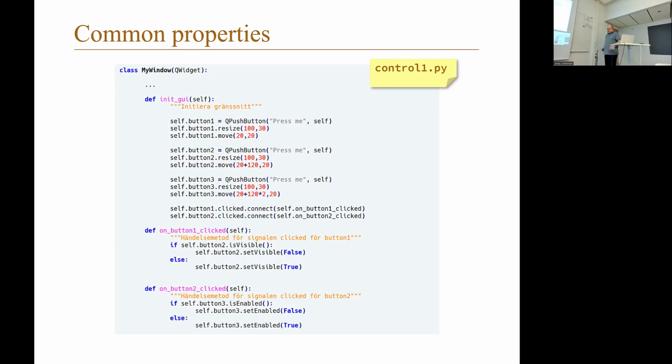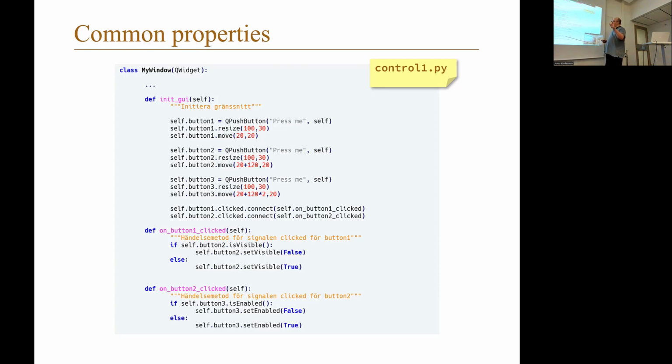So here's a bit more complicated example. I have 3 push buttons here, 1, 2, and 3. I have 2 methods that connect to these, button 1 clicked and button 2 clicked. I connect them here to these 2 functions. If I click the first button, I just check if button 2 is visible. Then I set button 2 set visible false.